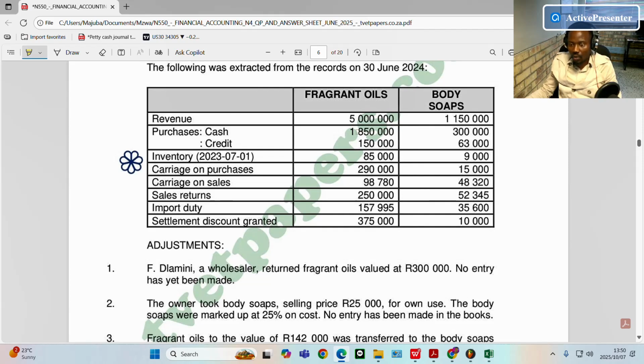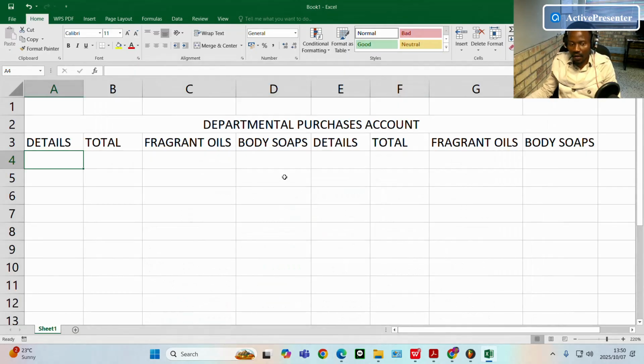So for cash, we bought fragrances for 1.85 million, 300,000 body soaps. On credit, we bought for 150,000 fragrance oil, and body soap 63,000. So basically anything we buy on cash is going to be regarded as bank.